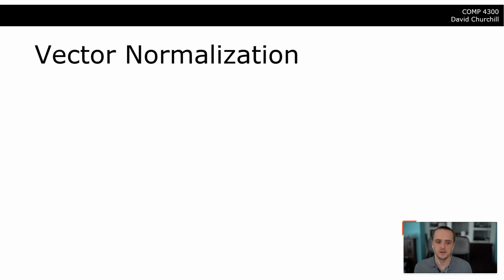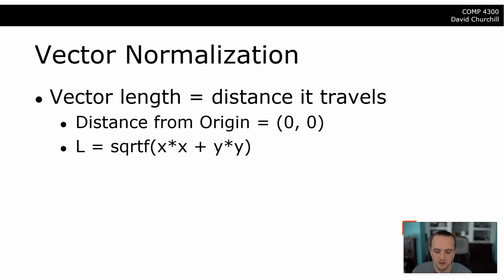Okay. Now vector normalization. So if we have a vector, like let's say we have a vector from here up to here, then the length of the vector L is essentially the distance that it travels to get from the origin to the destination.